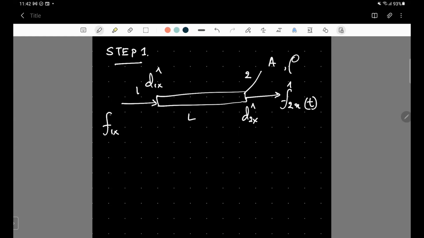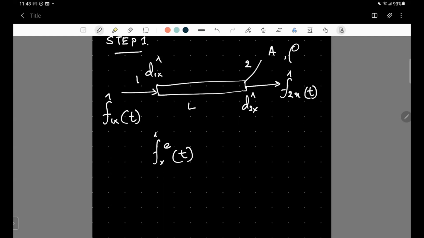Similarly, F1 x hat, and let's use a t to include the time-dependent nature of the problem. So the external loads are referred to by this term, where we mention, of course, the local element forces, the time-dependent elemental forces.